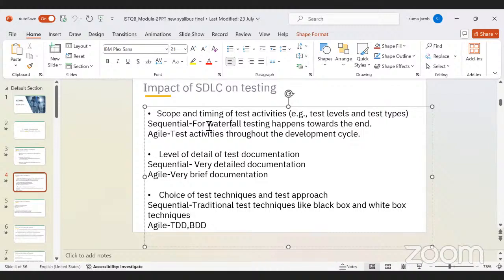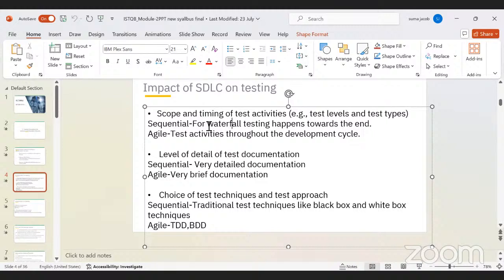Whereas in Agile, test activities happen throughout the development phase. Testing activities are integrated throughout the development cycle, with testing occurring continuously during each sprint. It is not that in Agile we will just wait for some activity to get over so that we can start testing the application. That is not how it happens in Agile.